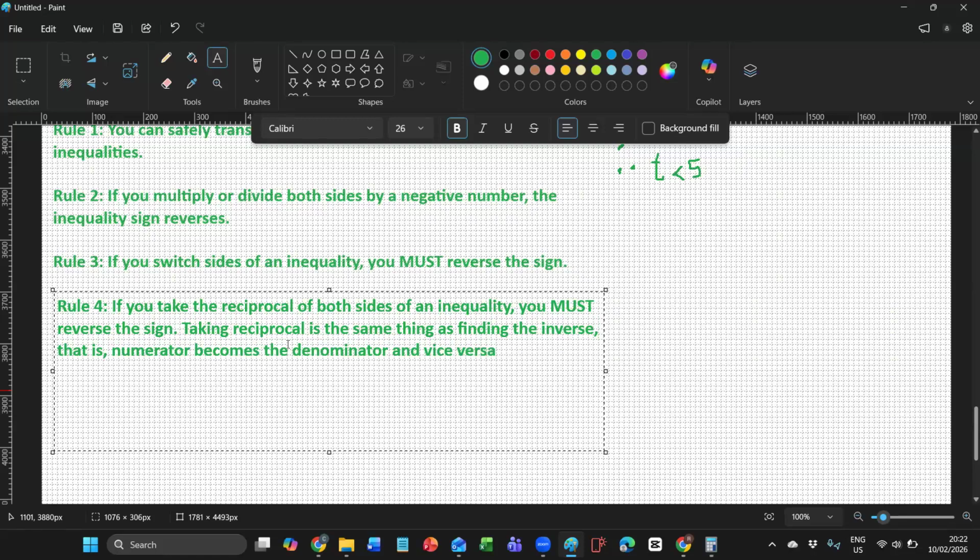Of course, vice versa just means the denominator now becomes the numerator.